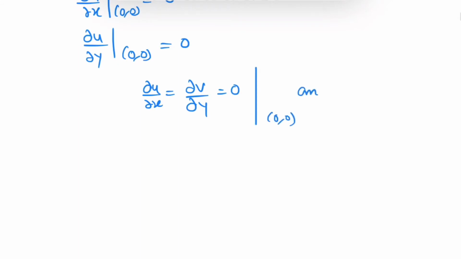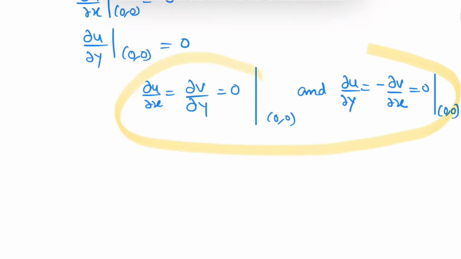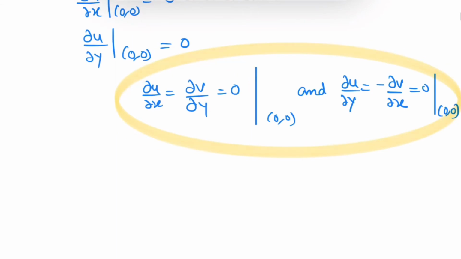And del u over del y equals to minus del v over del x and this equals to 0 at point 0 comma 0. So you can see CR equation is satisfied at point 0 comma 0.